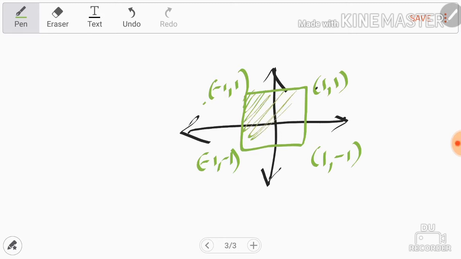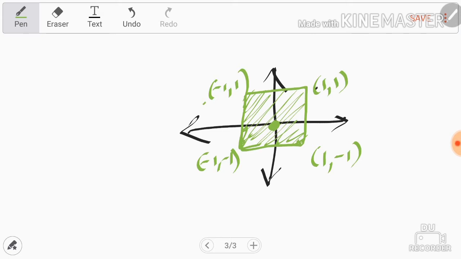Let's consider the square. What's so bad about this? The bad thing about this is that it does not satisfy... Of course, it has the origin, but it does not satisfy all the 3 properties of the vector subspace.